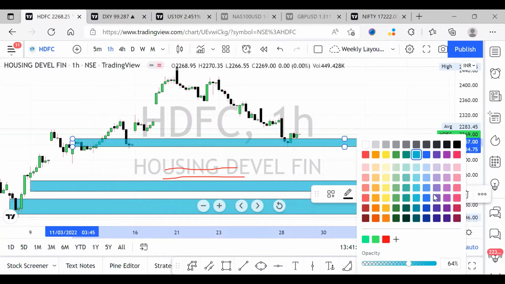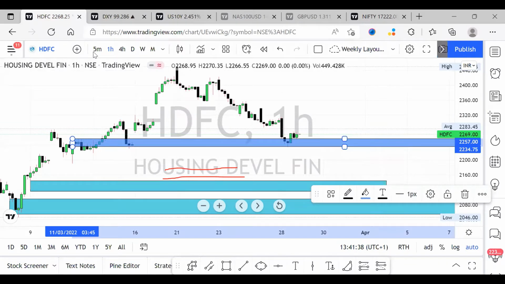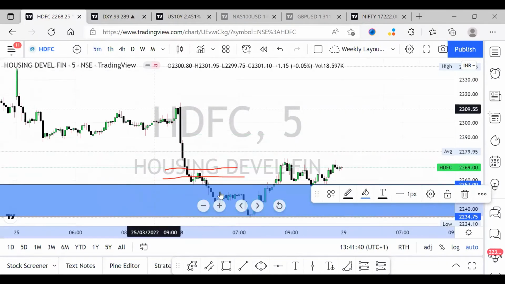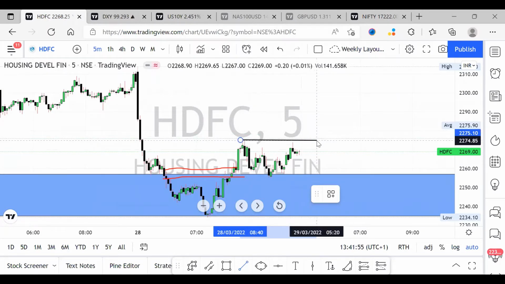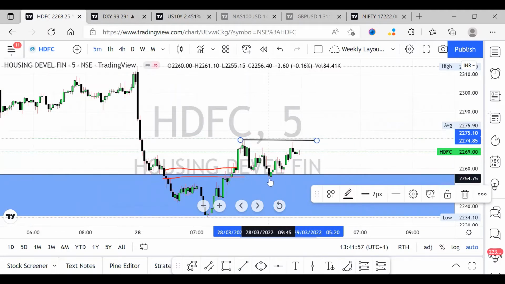So now on the 5-minute chart, look at how price went into the zone, did not go below it, starts to go out, comes back in, goes back out. So the short-term high that needs to be broken is here. This is the short-term high that needs to be broken before the trend is continued.